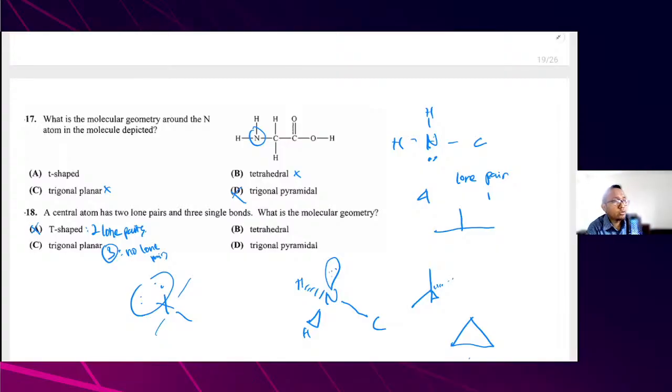And then tetrahedral has four steric number. And then trigonal pyramidal has one lone pair. A T shape has two lone pairs or three lone pairs. However, we need to know first, okay?